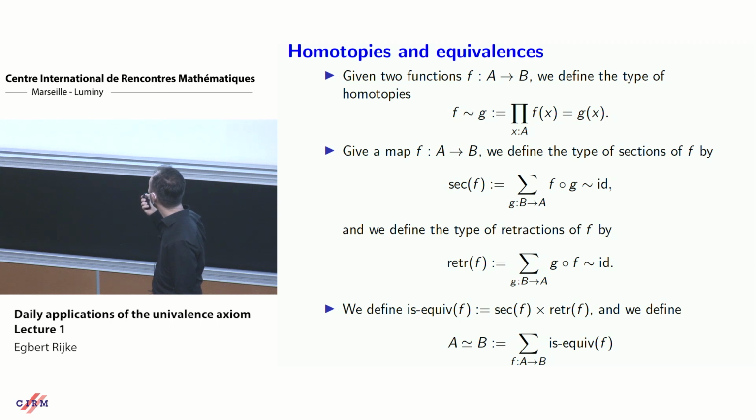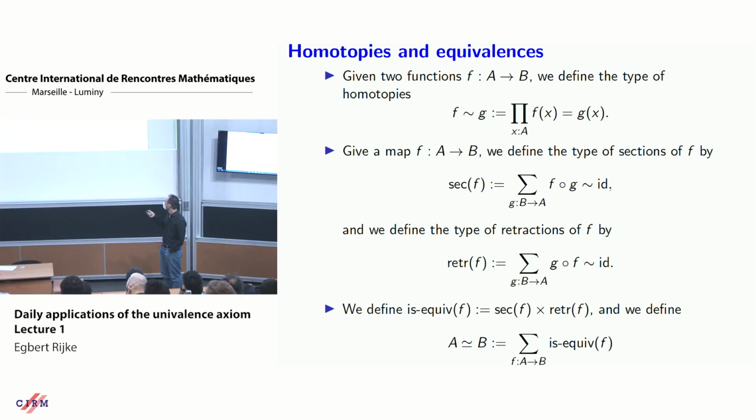But if Y is X, then we get this function, and here we take the identity function, and that gives us an element of this type, and that gives us the concatenations.